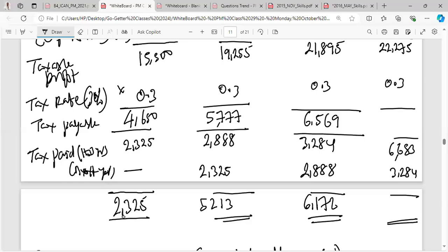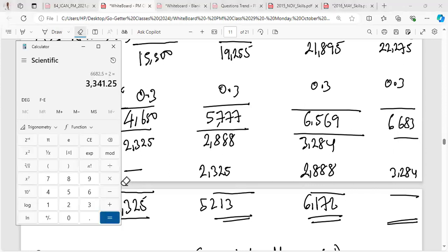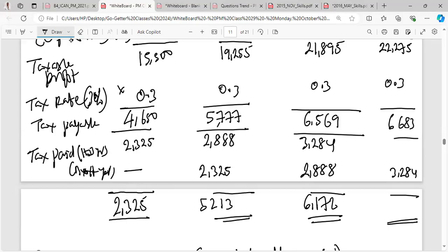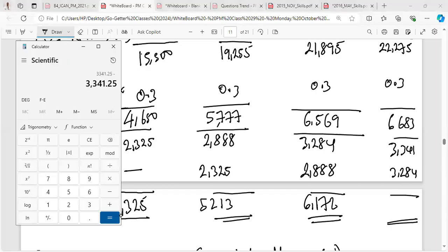Okay, sorry, it's supposed to be here. 6,683. So we are going to be paying half now, so let's just divide it by 2. We have 3,341. Let's take that 3,341 plus 3,284.